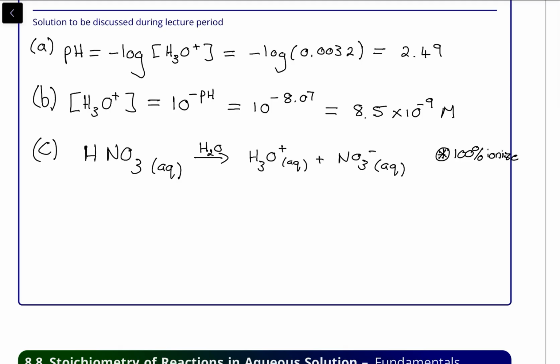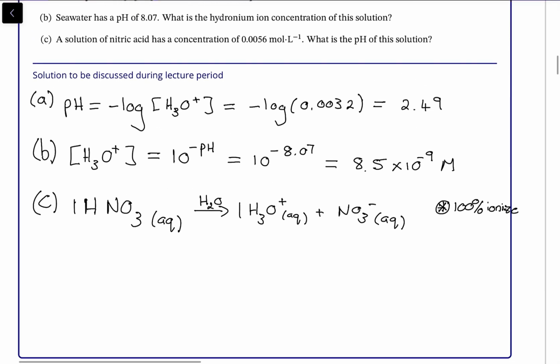All right, 100% ionization, which basically just means it will give, for every 1 mole of this, 1 mole of hydronium will form. So in other words, if this thing's concentration is 0.0056, the hydronium ion concentration must be the same.